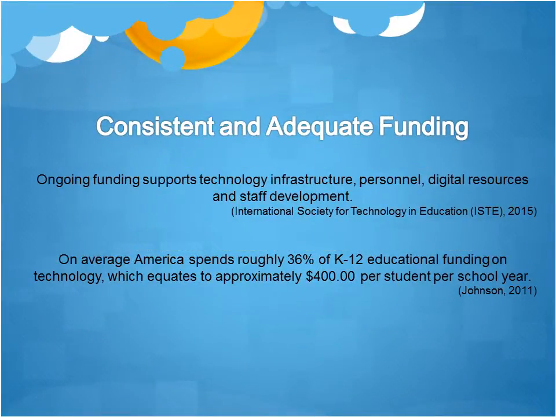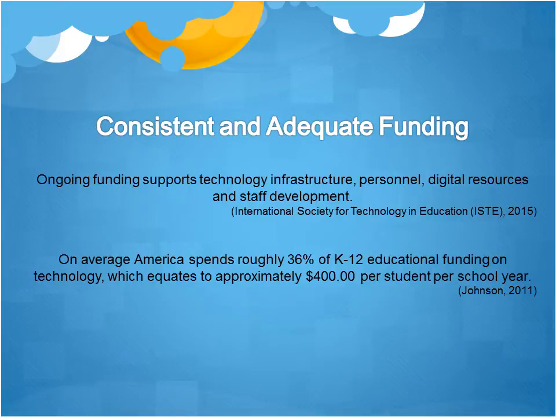When looking at consistent and adequate funding, ISTE defines that as ongoing funding that supports technology infrastructure, personnel, digital resources, and staff development. In order for funding to be considered consistent and adequate, it must encompass all of those components.